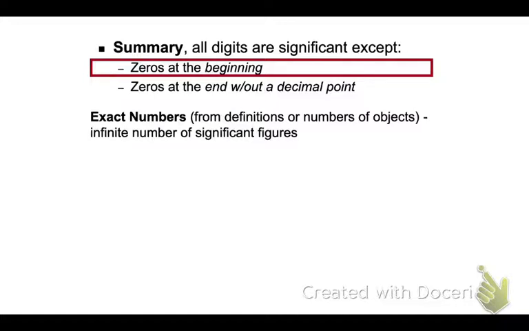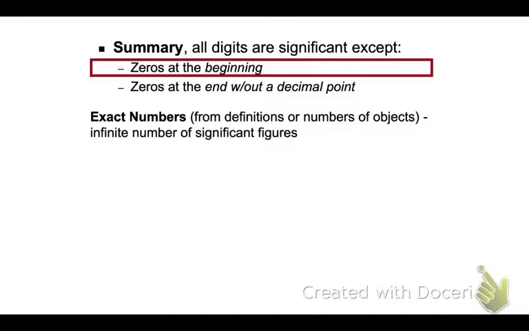So what can we be sure of that cannot be estimated? Two things. The first category is anything that you can count. If you count that you have 5 books, then you do have 5 books. It's not like there is a chance you can have 4 or 6. You can count them. So anything you can count is exact, and because it's exact, it has an infinite number of significant figures.